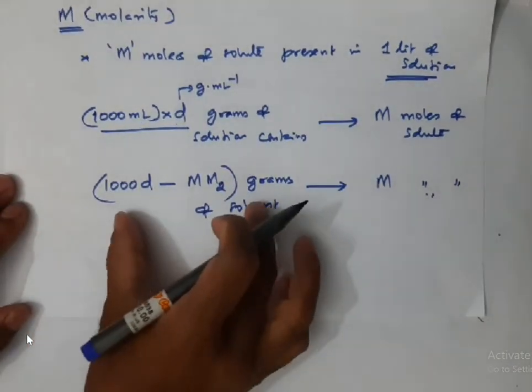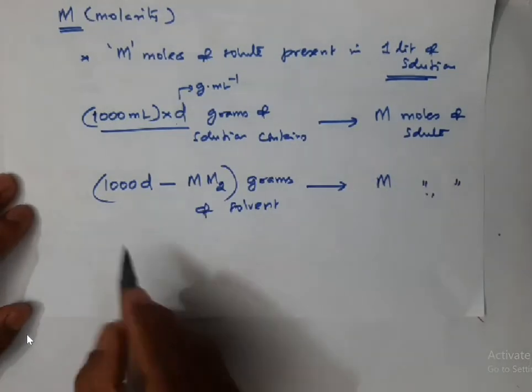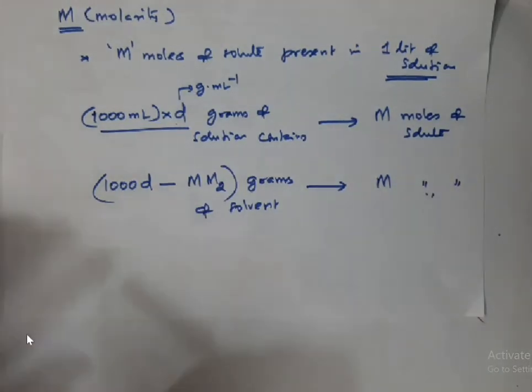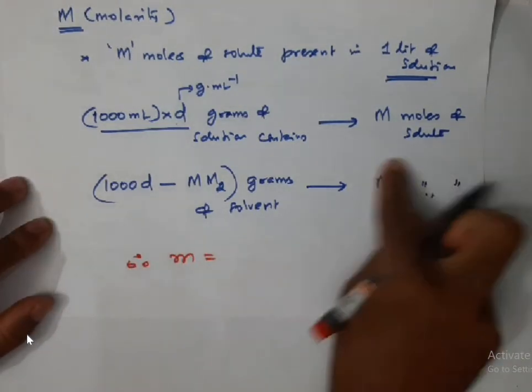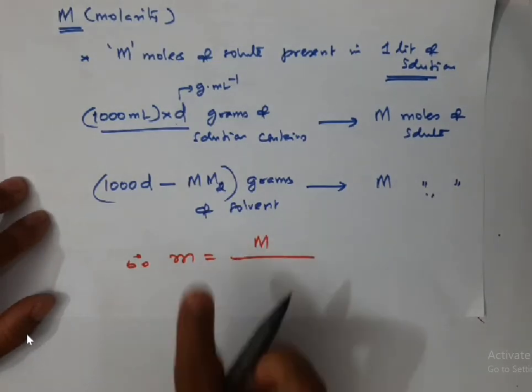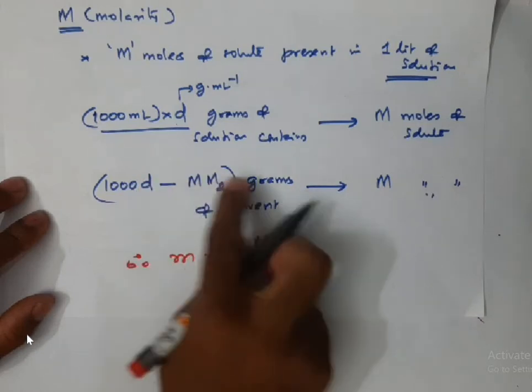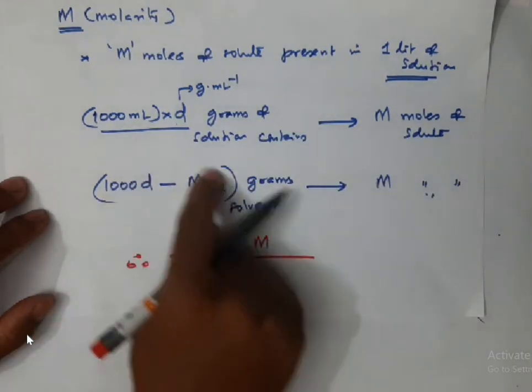Now we have solvent, we have solute moles, number of moles of solute. Therefore, what is molality? Molality is nothing but number of moles, which is M, divided by mass of solvent. But now mass of solvent is in gram. To convert gram into kilogram, you have to divide this value by 1000.